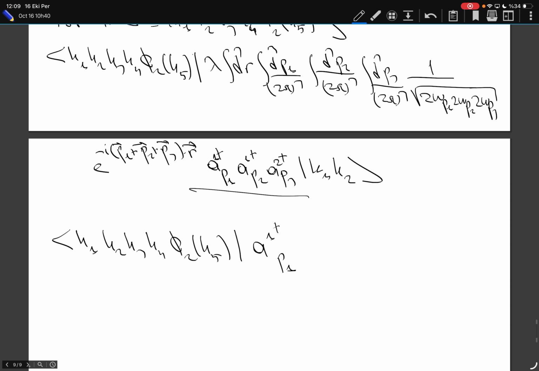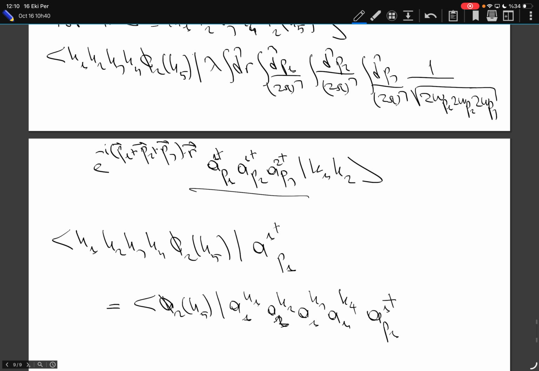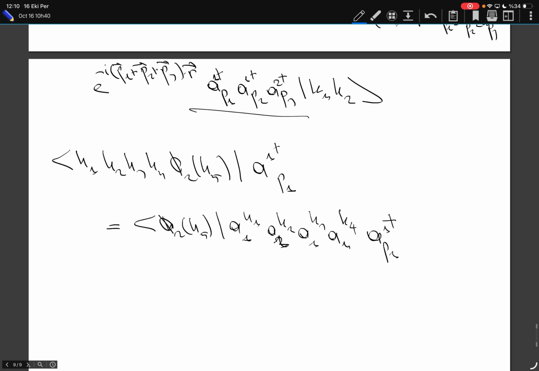Up to proportionality constants, this will be equal to, remember, that's the definition of my state.